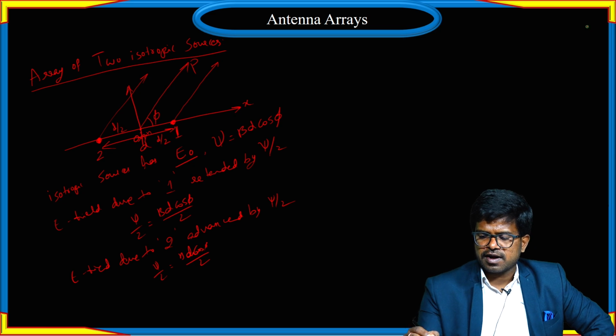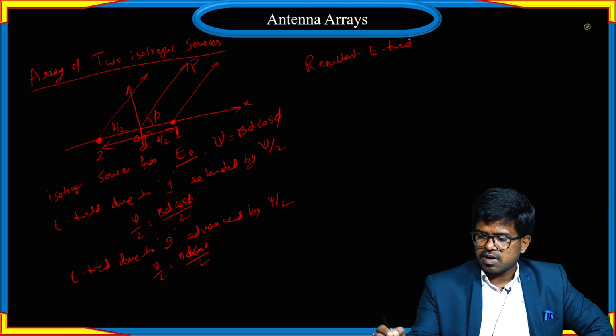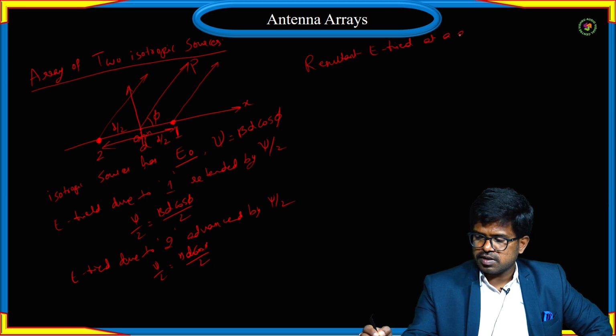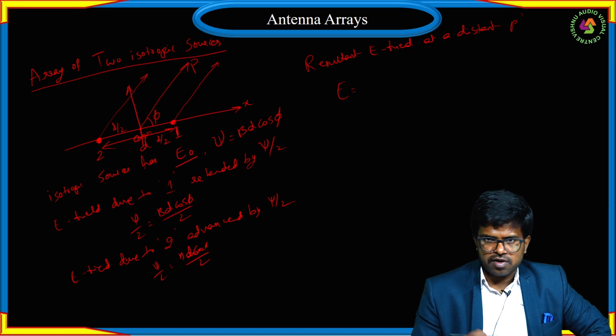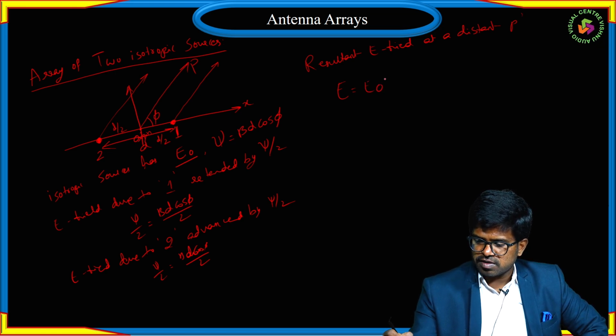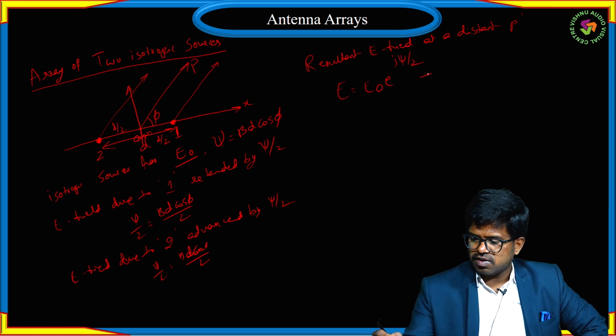So the resultant electric field at a distance P, with one retarded and the other advanced, we can write as E naught e power j psi by 2, the retarded component, plus E naught e power minus j psi by 2, the advanced one.